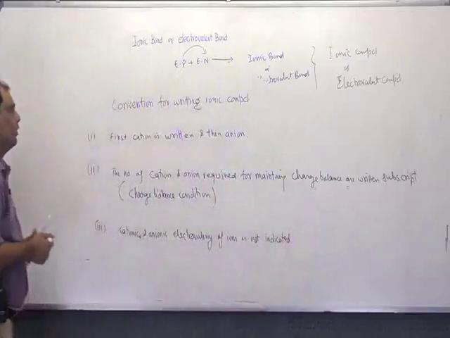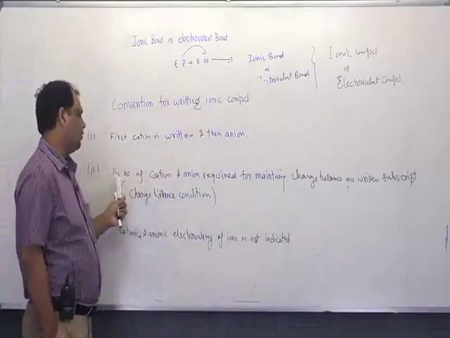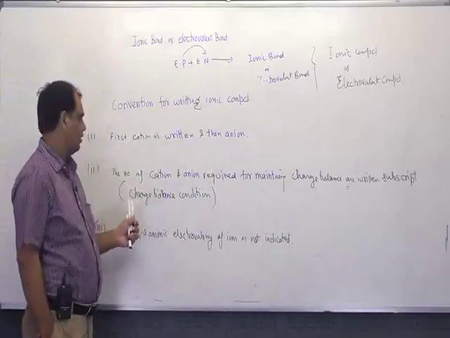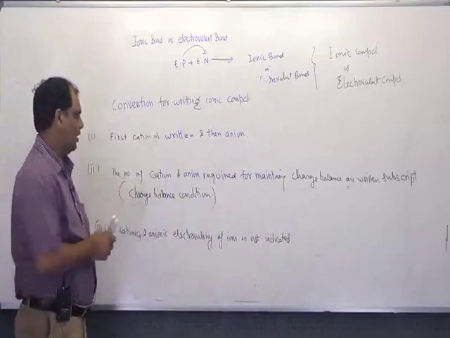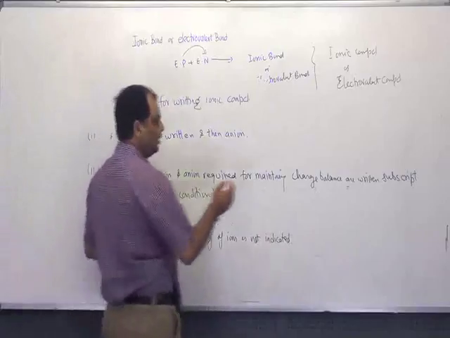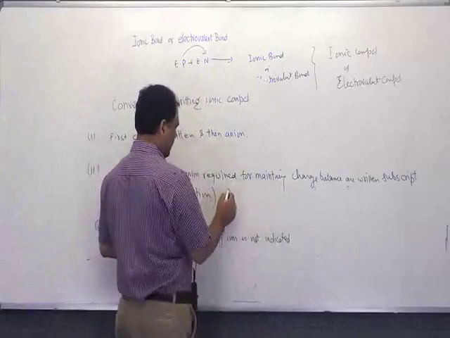So these are the conventions: first we have to write the cation and then the anion. Second, we have to maintain charge balance, because total positive charge must equal total negative charge, and the charge balance is maintained.